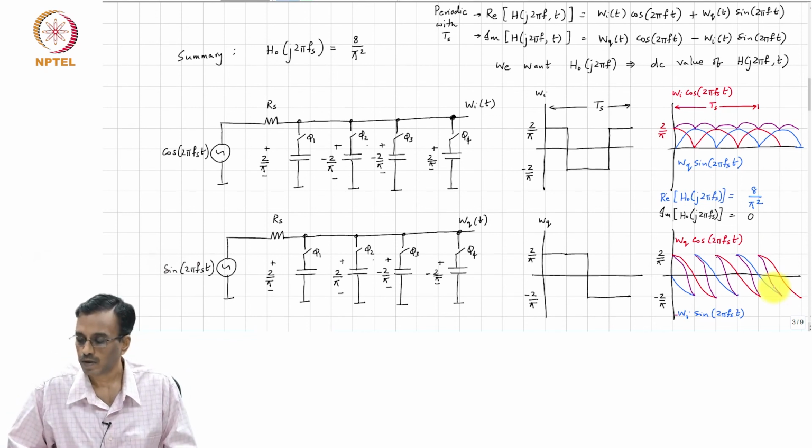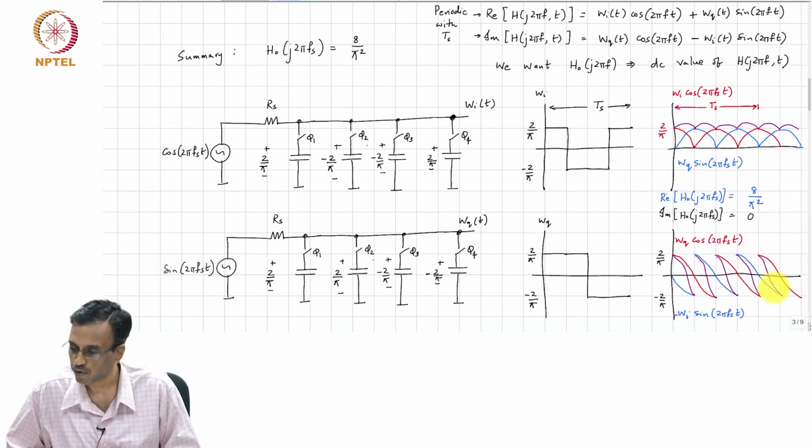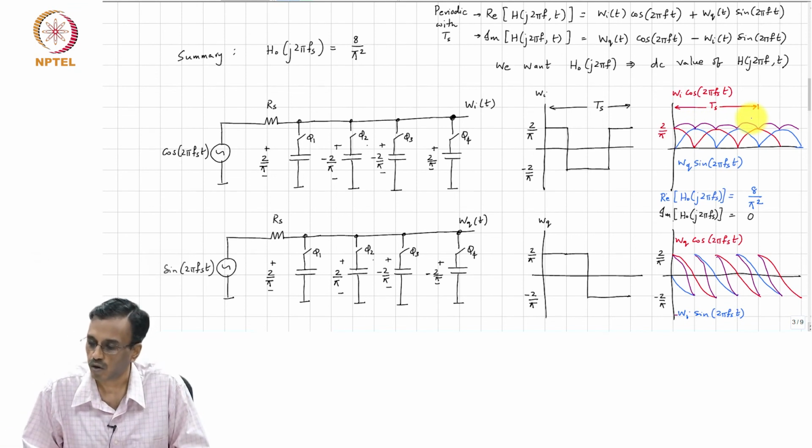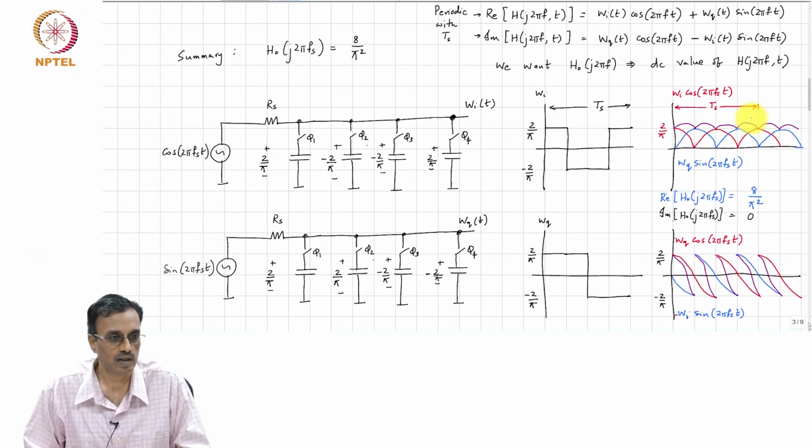Correct. The reason I'm drawing those waveforms is that, what comment can you make about the periodicity of the real part of H0? Ts by 4, right. So, it is periodic with Ts by 4, and that was something that we expected, correct, because this is a 4-path filter.